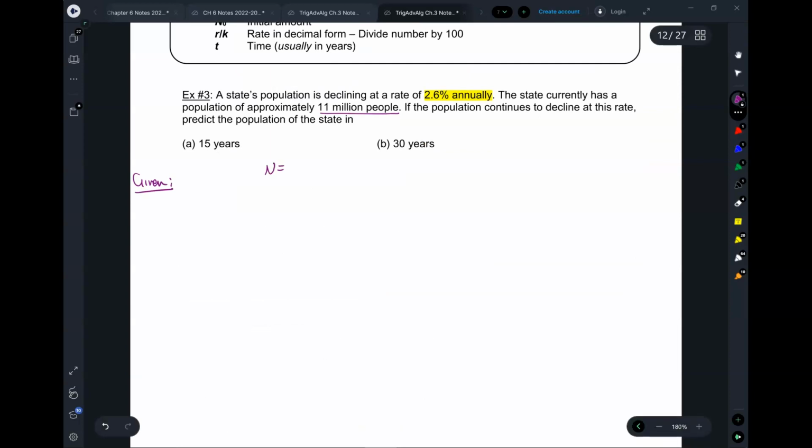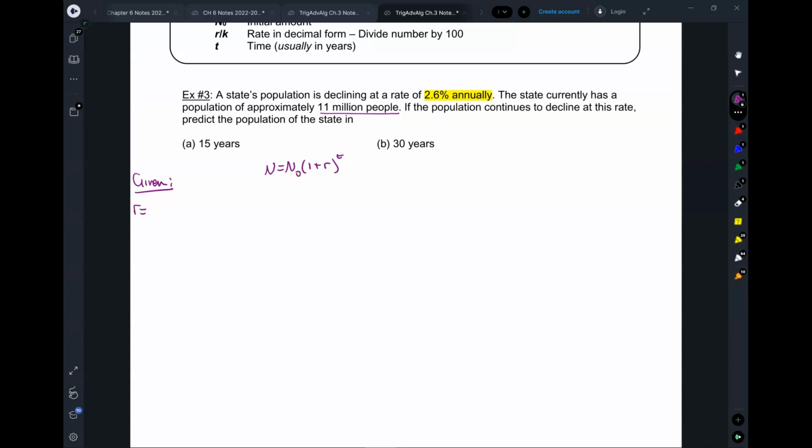So N equals N naught, 1 plus r to the t. Okay, so let's see what we have. The rate is 2.6%.